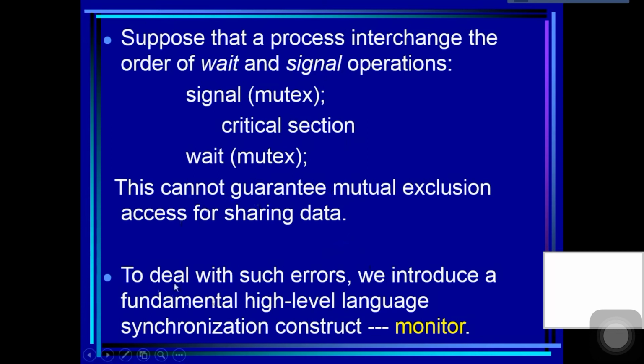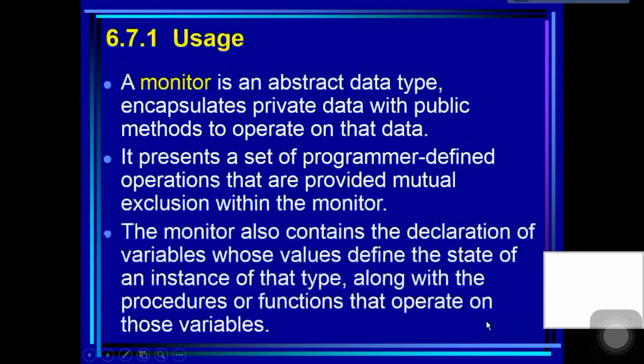So to deal with such errors, we introduce a fundamental high-level language synchronization construct, the monitor. First, monitor usage. A monitor type is an abstract data type that includes a set of programmer-defined operations that are provided with mutual exclusion within the monitor.